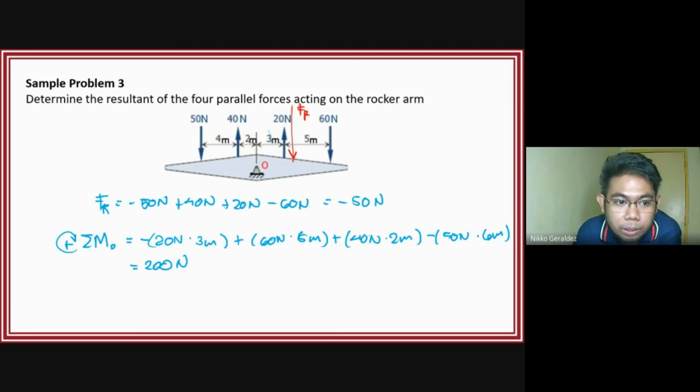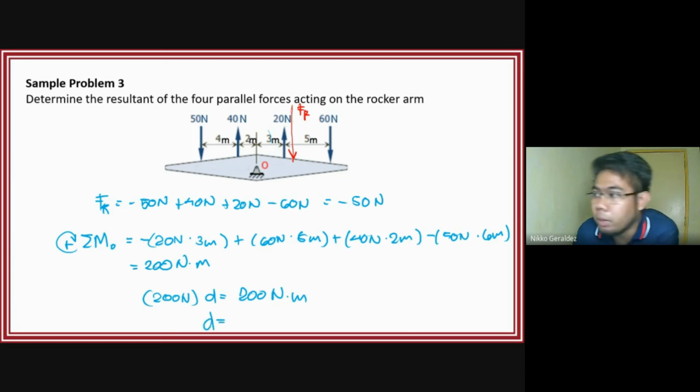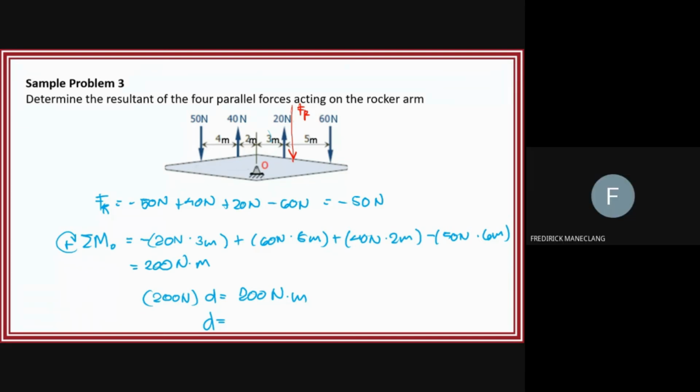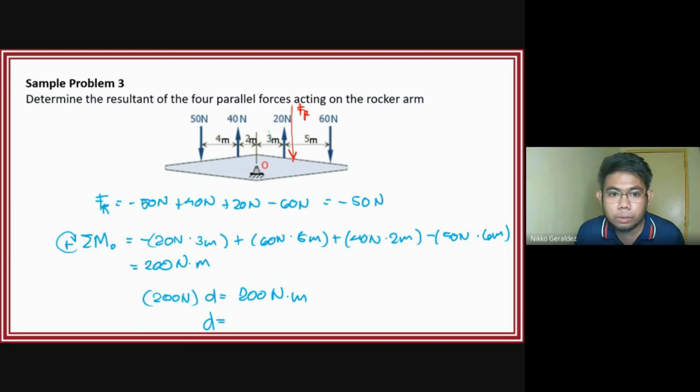No? So to solve for the distance, sa kanan siya, so that is 200 newton meters equal to FR times D. So D is equal to, ano po?